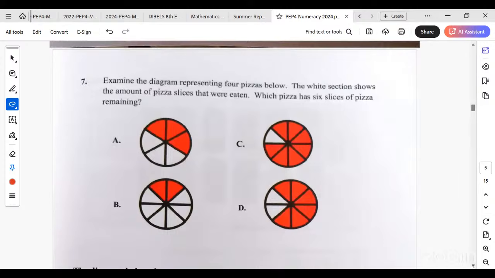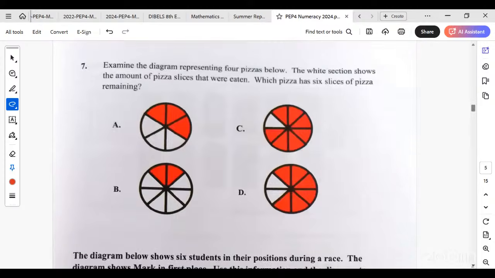Number 7. Examine the diagram representing 4 pizzas below. The white section shows the amount of pizza slices that were eaten. Which pizza has 6 slices of pizza remaining? So remember they said the white section shows the amount of pizza slices that were eaten.